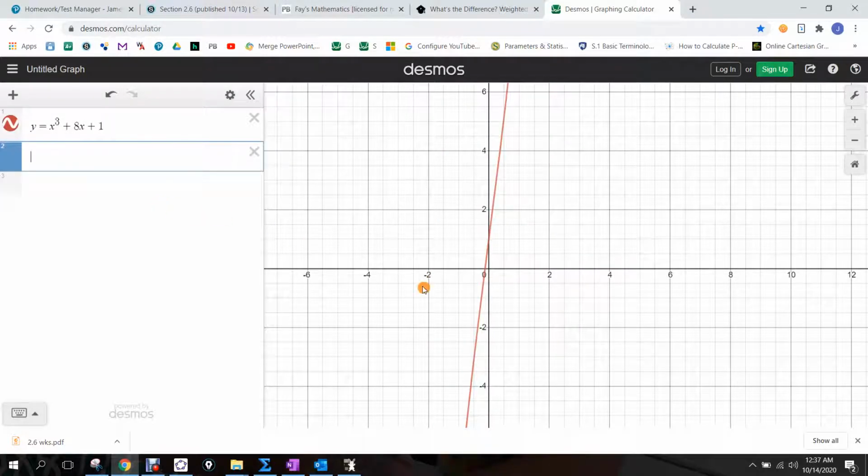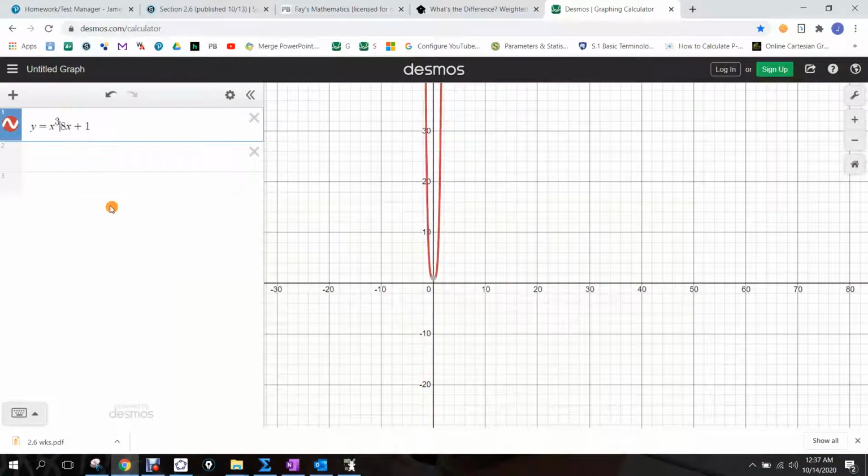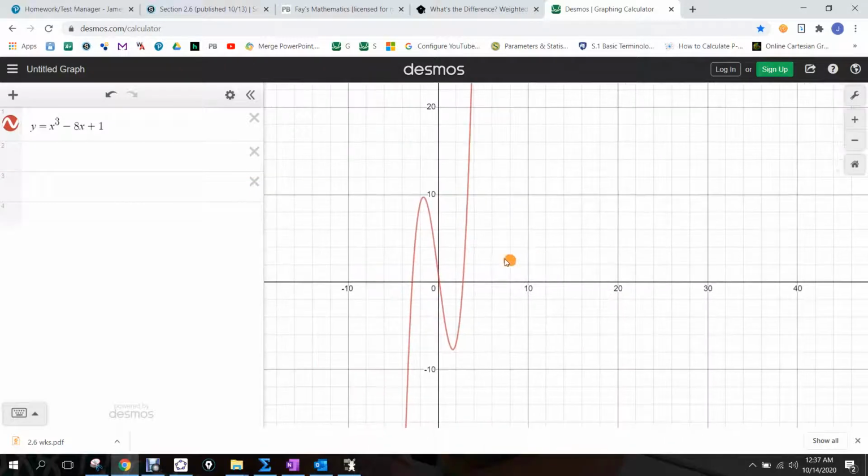But one thing about Desmos that is nice: there are no extra tools that I have to go find. I actually just click on this. It'll put these gray dots and it'll tell me what the coordinates are of the maximums and minimums.